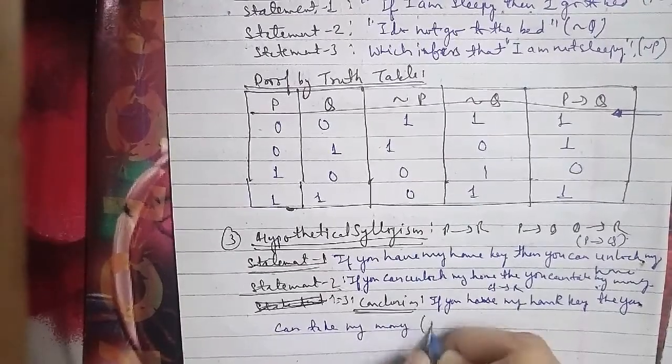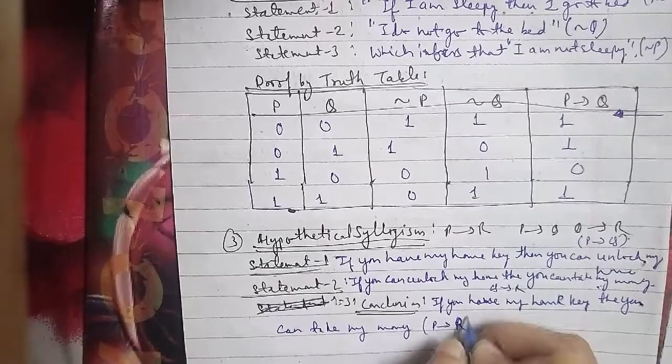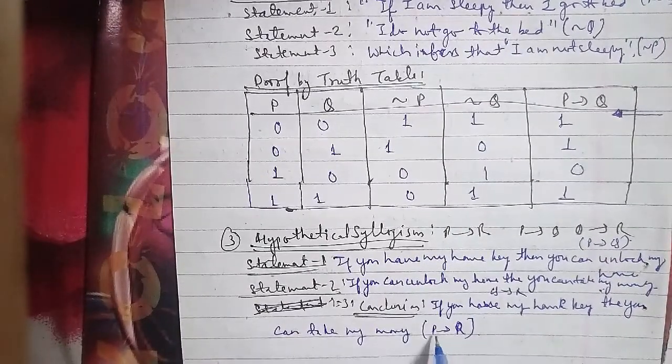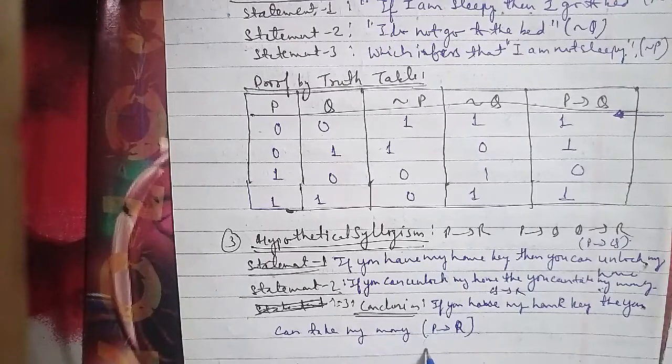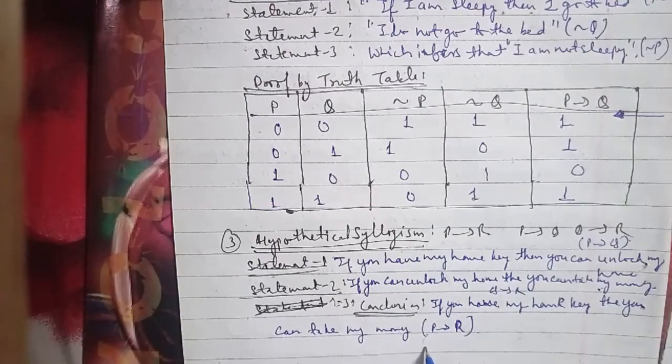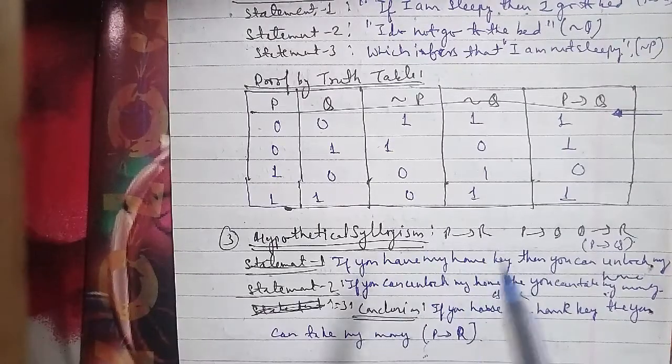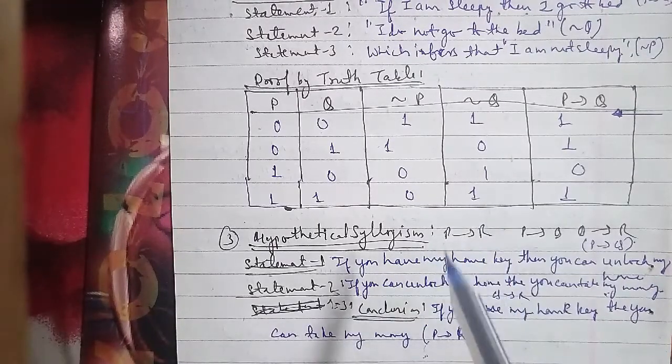Proof by truth table: here we have P, Q, R, P tends to Q, Q tends to R, and of course P tends to R. So we'll go ahead.